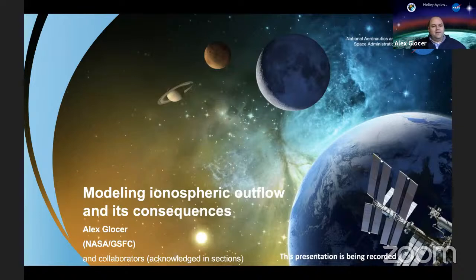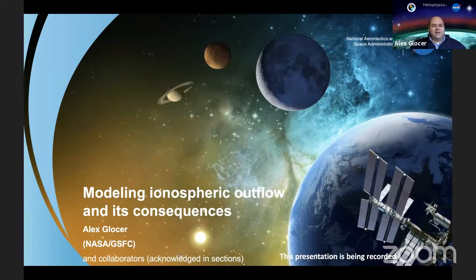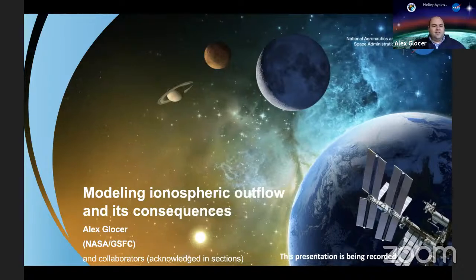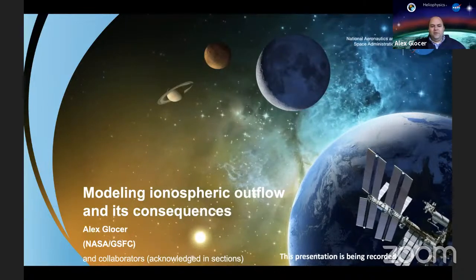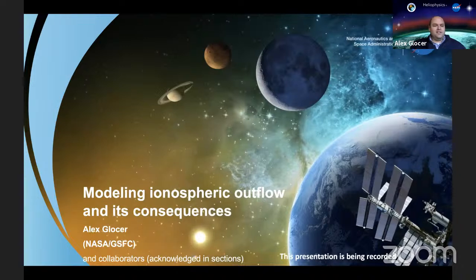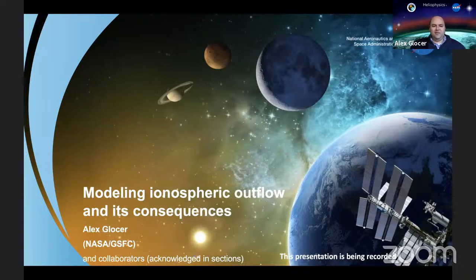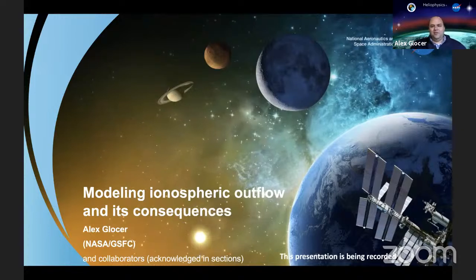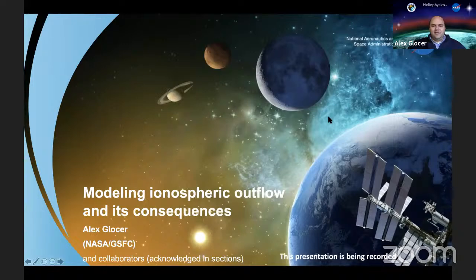So the topic of this seminar, as Jason said, is modeling ionospheric outflow and its consequences. This is work I've been doing in a couple of different projects with different collaborators, and I'll acknowledge them in the individual sections.